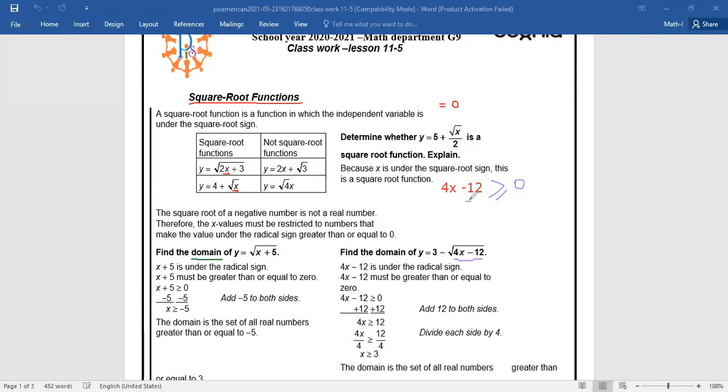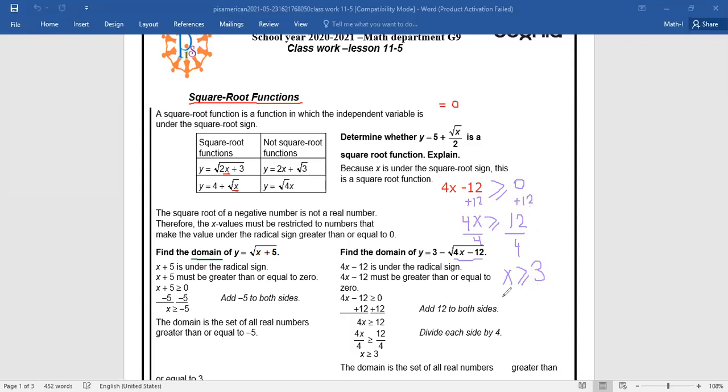Now we will add 12 to both sides. Then it will be 4x more than or equal to 12. Divide by 4. Then x is more than or equal to how many? 3.